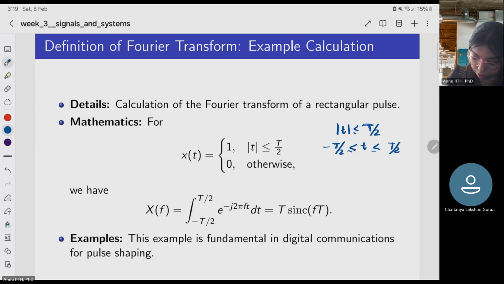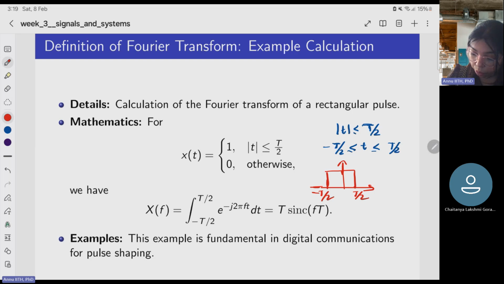This is nothing but 1 here, between minus T by 2 and T by 2, otherwise 0.